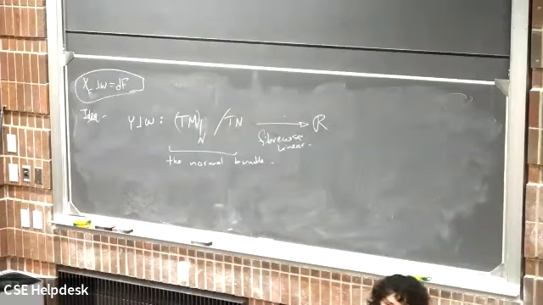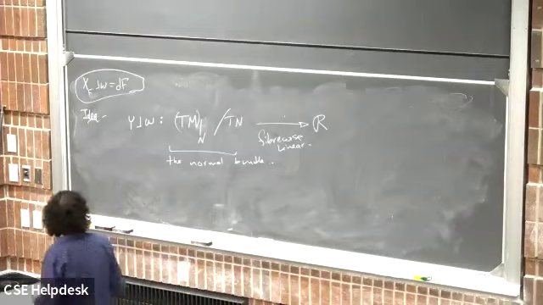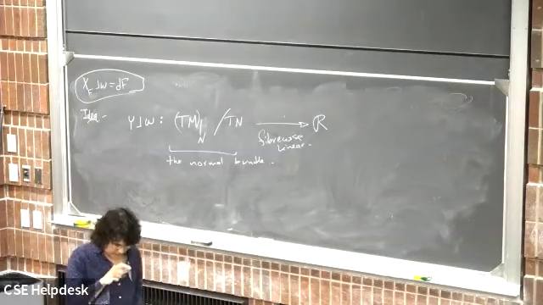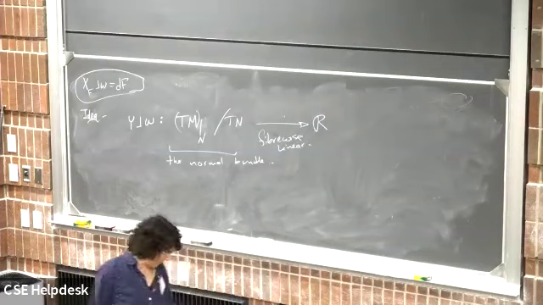And at this point, the Weinstein tubular neighborhood theorem kicks in. You can identify a neighborhood of the submanifold with a neighborhood of the zero section in the normal bundle.